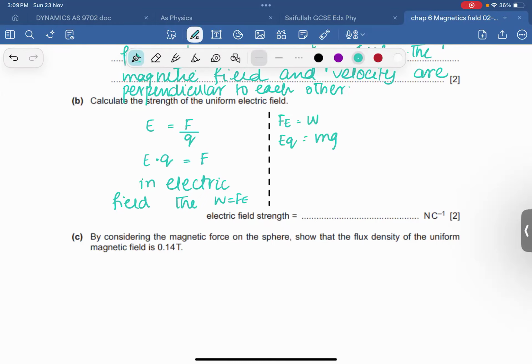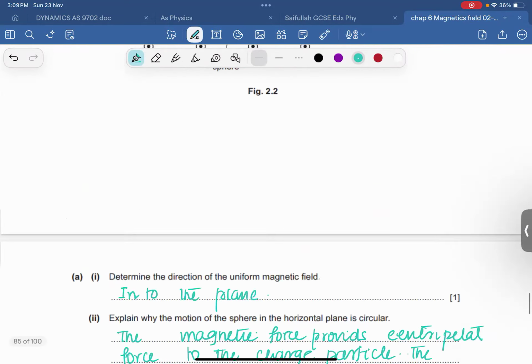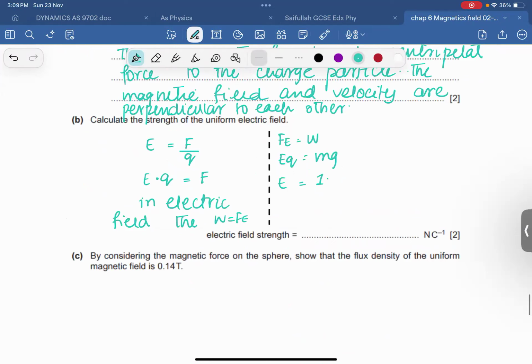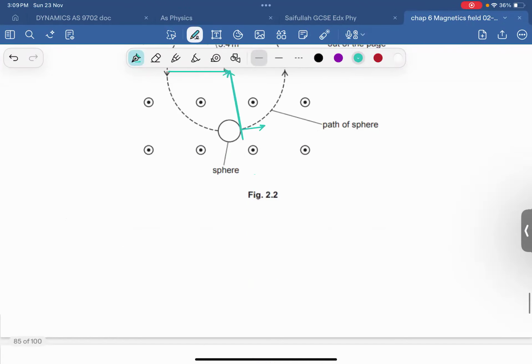Then the mass is 1.6 exponent negative 10, into 9.81, divided by the charge, which is given as 0.27 nanocoulomb.